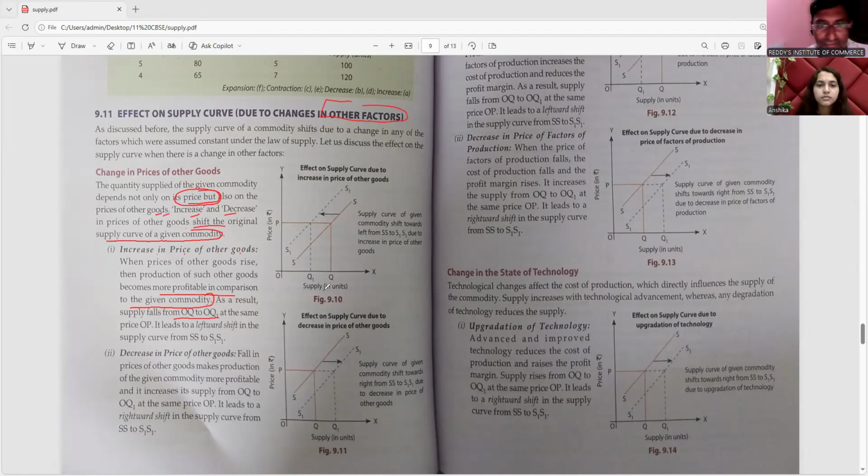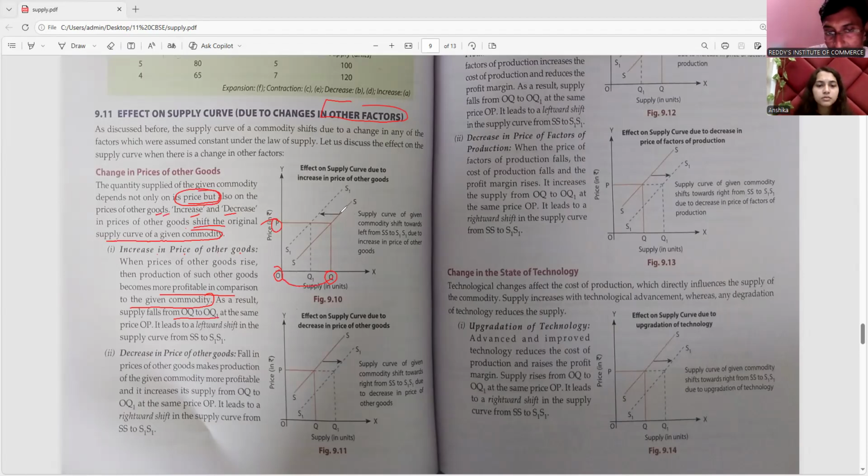See, what happened in this case? When price was OP, your supply was OQ. But due to changes in the price of other goods, it affected your goods and the supply.